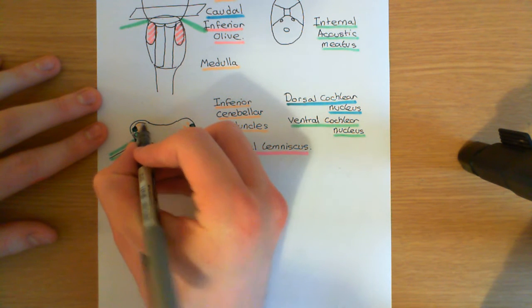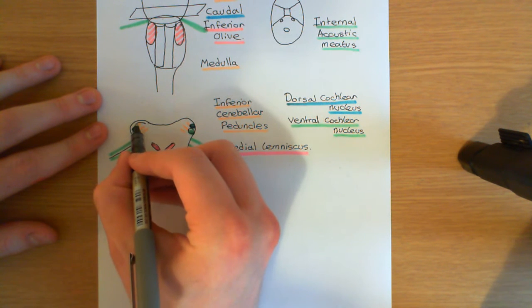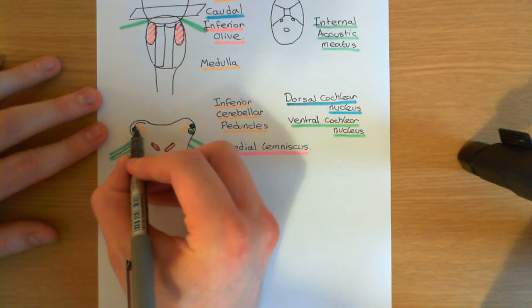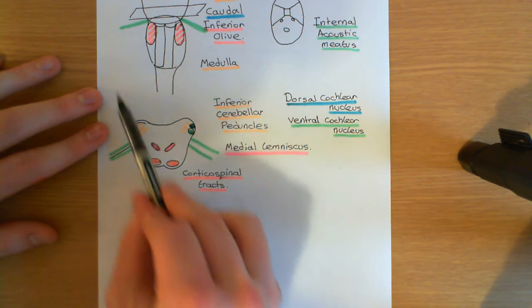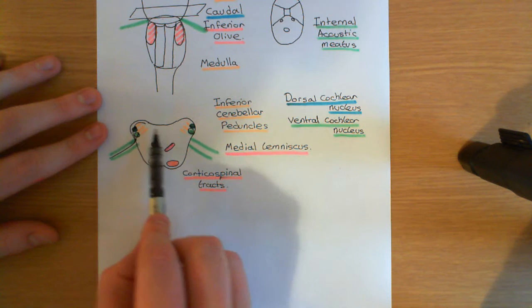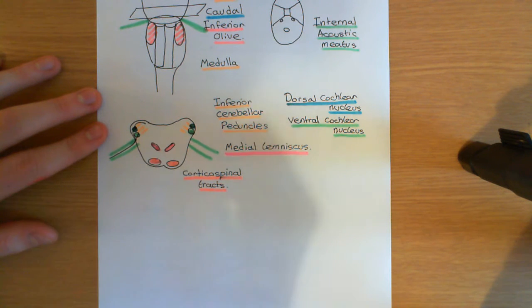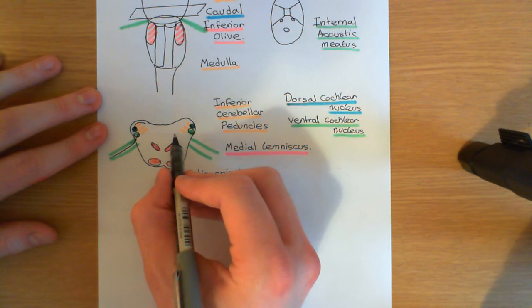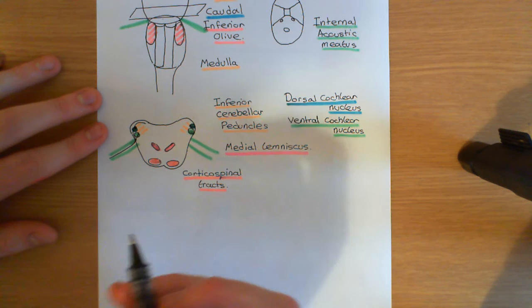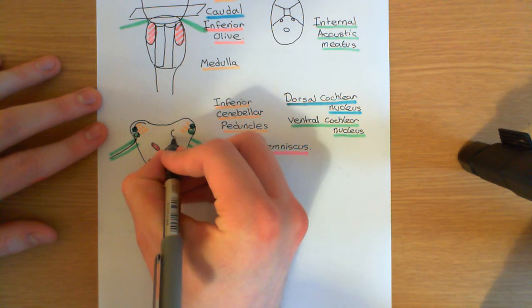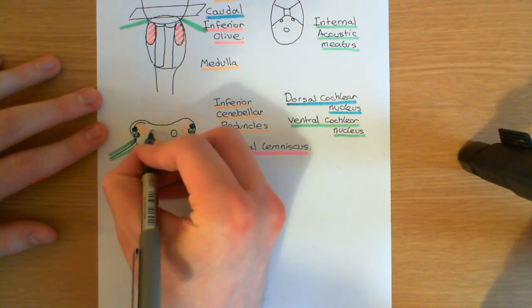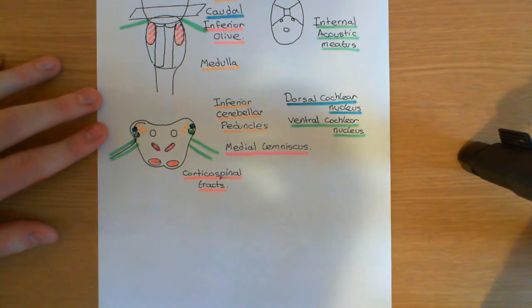So here comes the second order neuron, and it's going to send its axon out, and its axon will run in the inferior cerebellar peduncle amongst all the axons that are going backwards and into the cerebellum. It will go medially like this, and it's going to cross the midline onto the other side, and it's going to go into an ascending tract known as the lateral lemniscus, and the lateral lemniscus is in this sort of position. And of course you have two of them again.